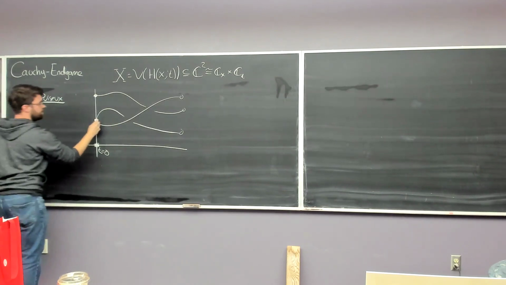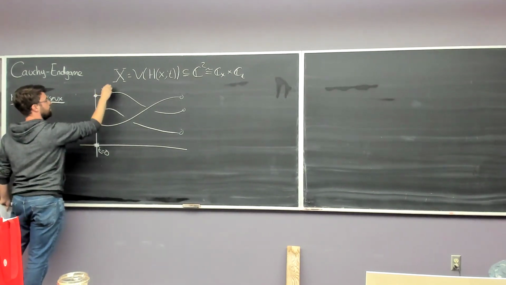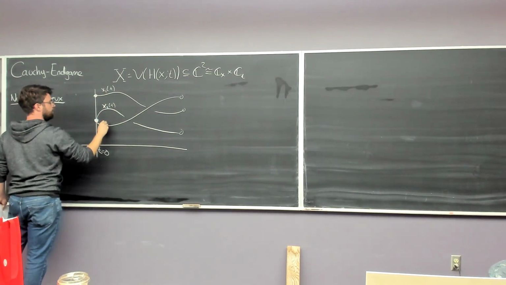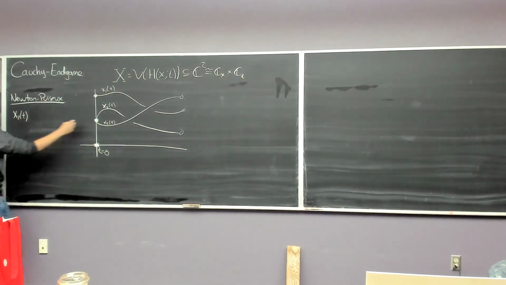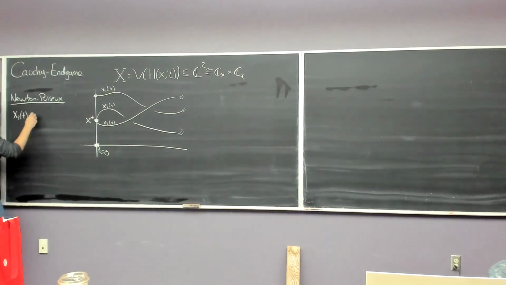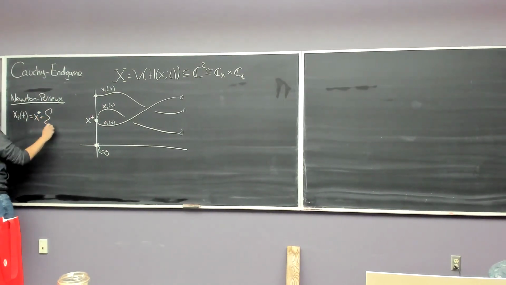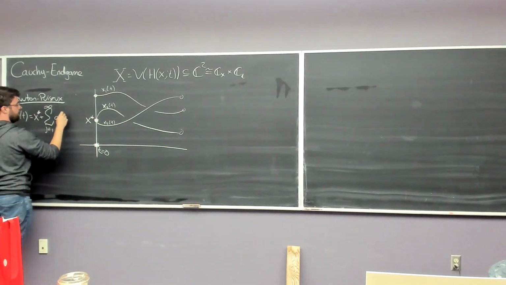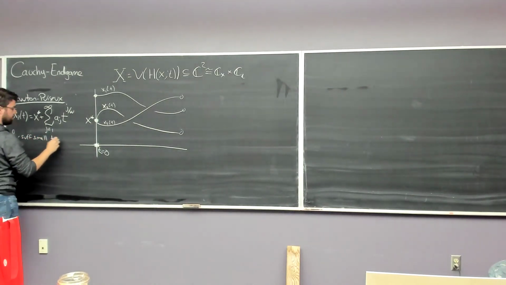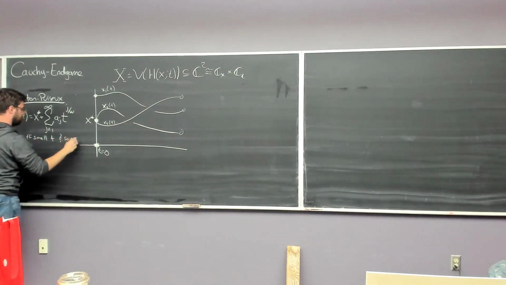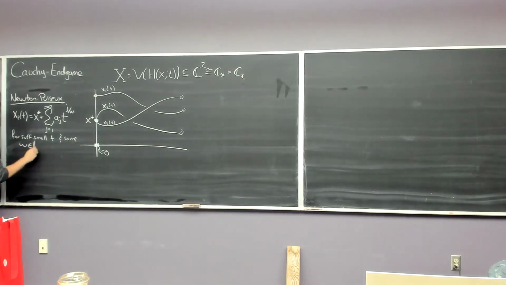Newton-Puiseux says that this, let's call these x1(t), x2(t), x3(t), really looks like x star plus the sum, going from 1 to infinity, of some a_j t to the j over w, for sufficiently small t and some w in here.